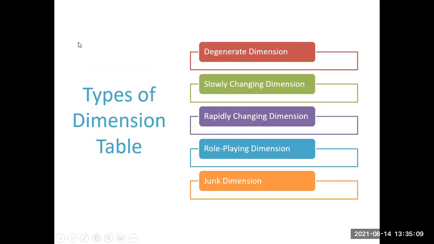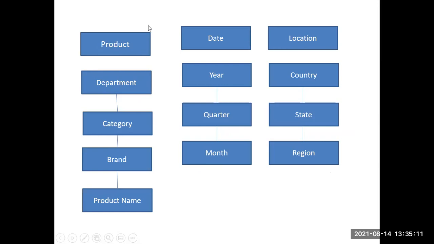Now for the product, I will give you an example of how the department is there. Department, I can say dairy products. Category will be like milk, then butter, and many other things. Dairy products can be classified into milk, butter, cottage cheese, yogurt, etc. And then which product it is also matters.